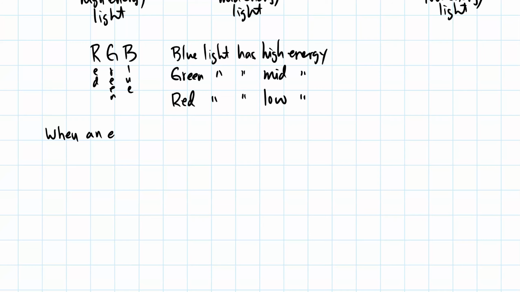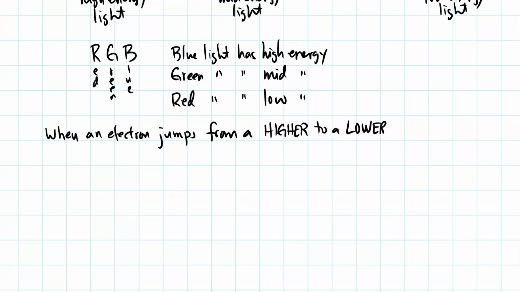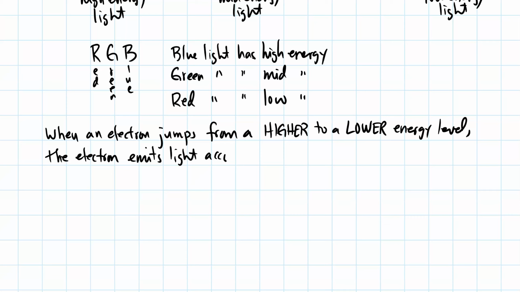When an electron jumps from a higher to a lower energy level, the electron emits light according to the size of the jump.